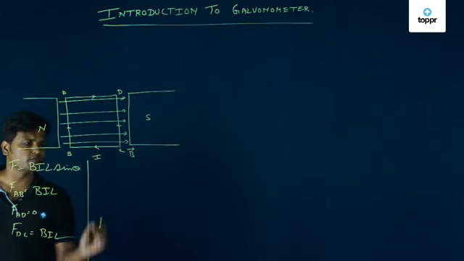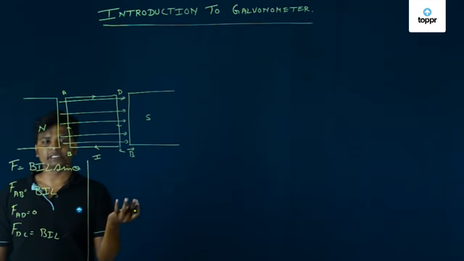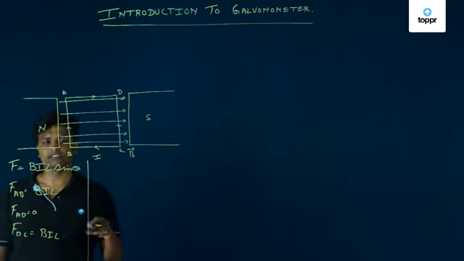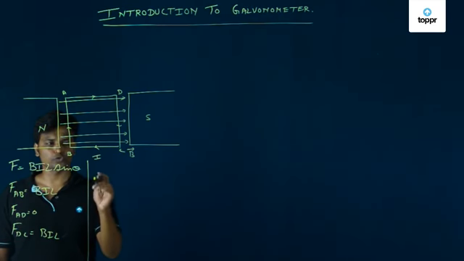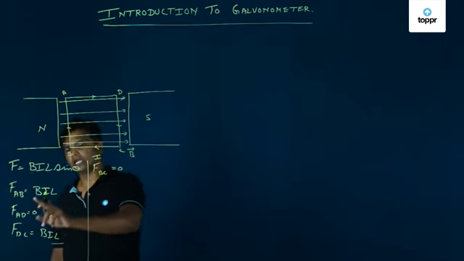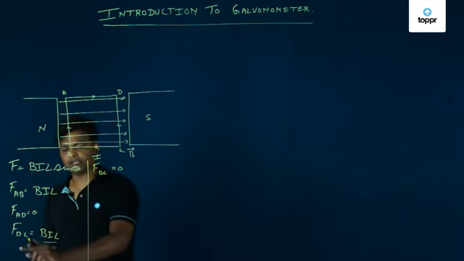What is the force acting on BC? Again 0, because the angle is 180, and sin 180 is equal to 0. So FBC is also equal to 0. That means we have two forces, FAB and FDC.